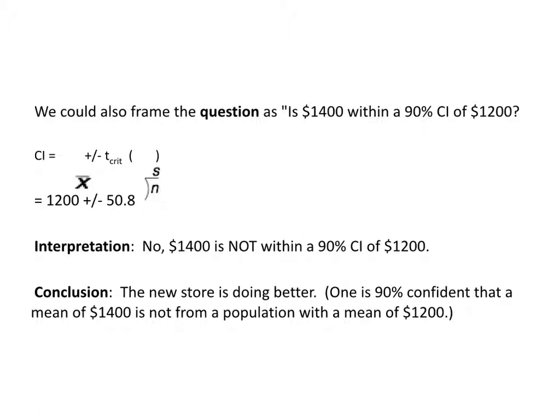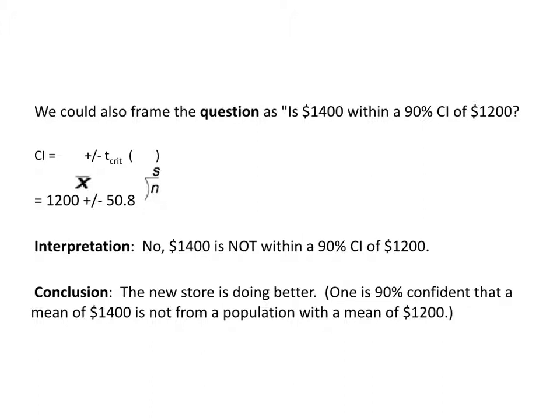For this problem, we could also answer the question or frame the question as, is $1,400 within a 90% confidence interval of $1,200? The confidence interval, again, is x bar plus or minus t critical times the standard error of the mean.